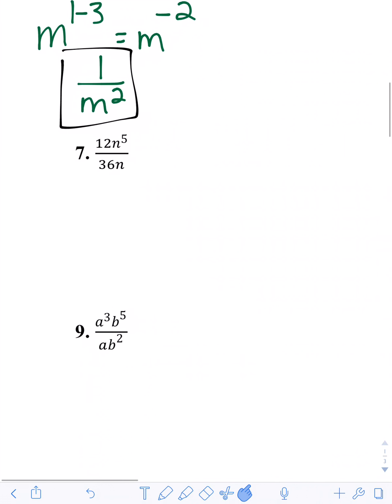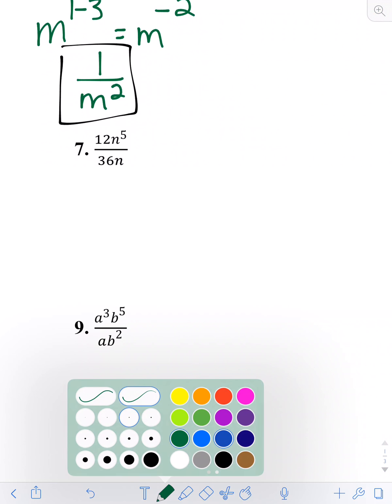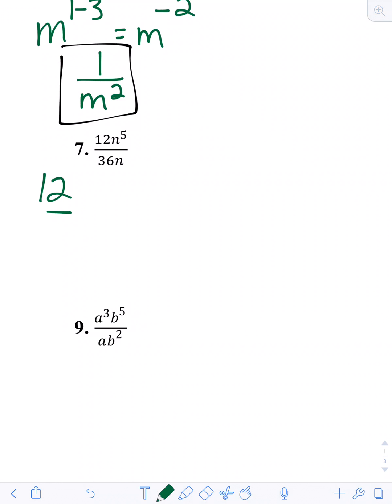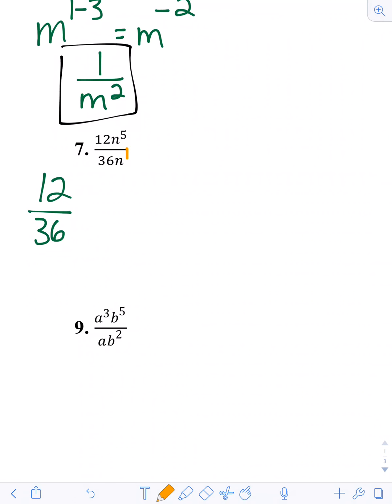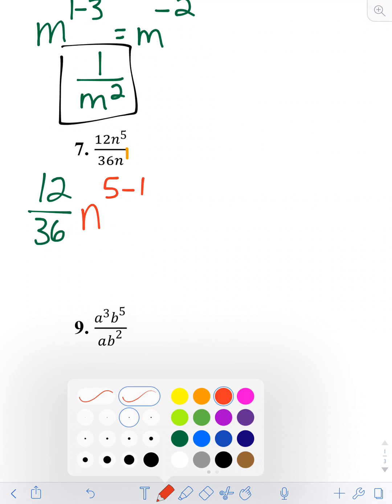All right, here we go, number 7. So for number 7, we have 12 over 36. So we're still going to divide those because they are not exponents. Here, this n has a power of 1. So what I have is n, 5 minus 1. You can type in your calculator 12 divided by 36 and hit math and enter. And that comes out to 1/3.